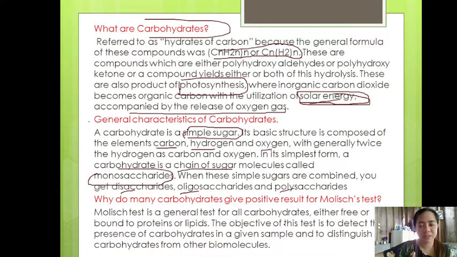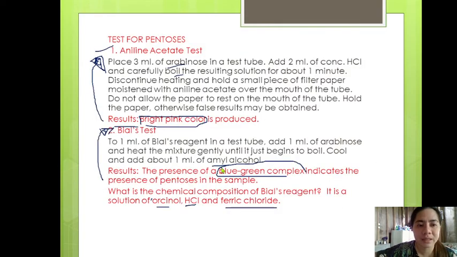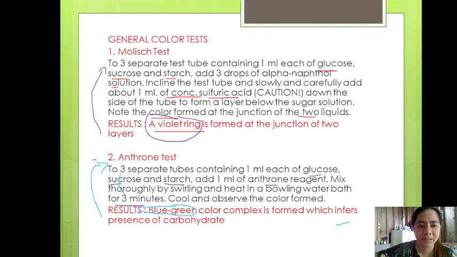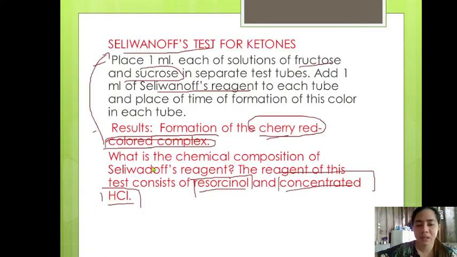The objective of this test is to detect the presence of carbohydrates in a given sample and to distinguish carbohydrates from other biomolecules. Usually, if sugar is present, the result is a violet ring.